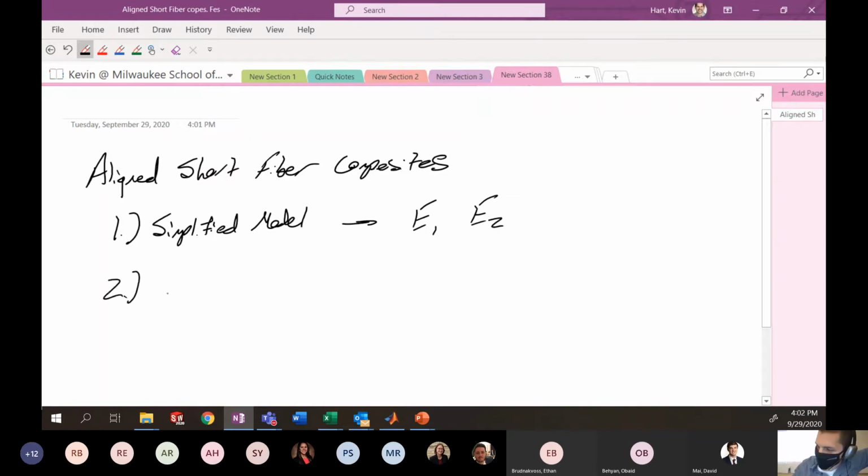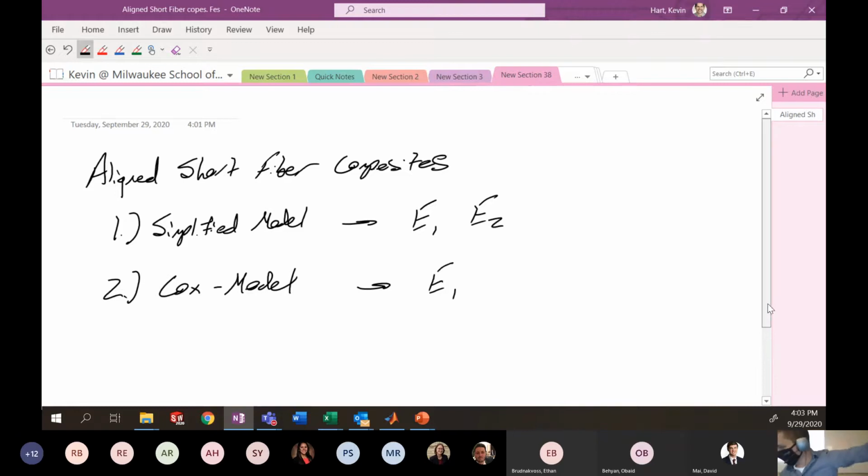The second was the Cox model, or what's called the shear lag model. We were looking at the Cox model for calculating E1. The simplified model is exactly that, simplified. It uses modifications to help in psi to get you where you want to go. The Cox model is derived in an entirely different fashion. We went over that last time.